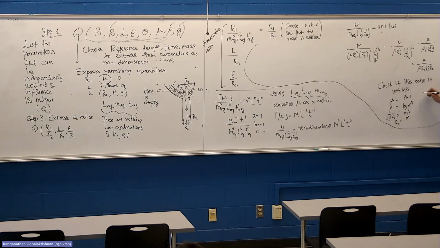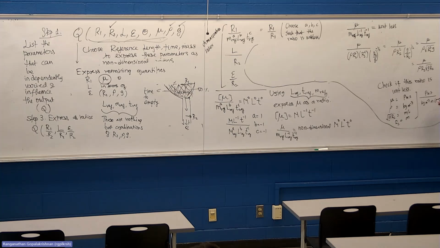So if I put everything together, the numerator is Pascal second, divided by density, which is kg per meter cube, R2, which is meters, and then square root of GR, which is meter per second.